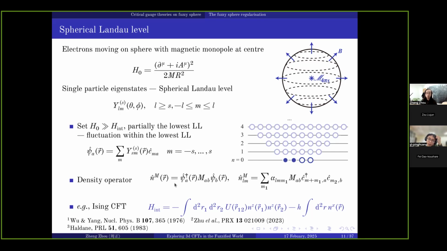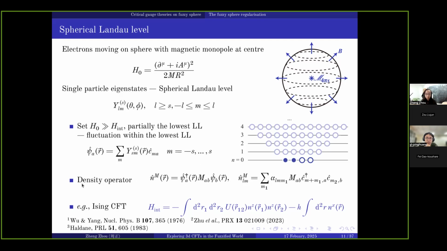So now we have the single particle states. We need to construct the interacting Hamiltonian. The building block we use is the local fermion bilinear, or what we call the density operator, with a matrix insertion to put it on some representation of the global symmetry.